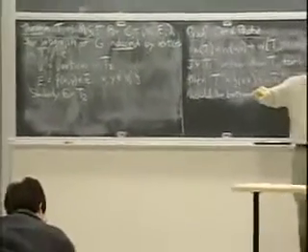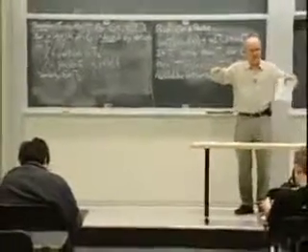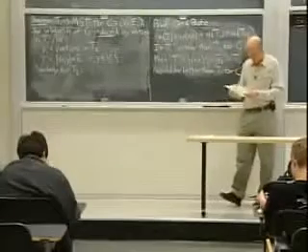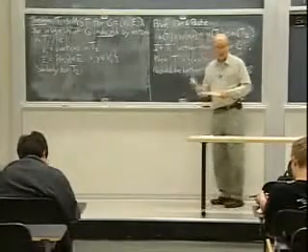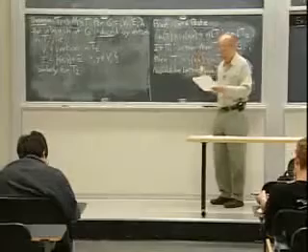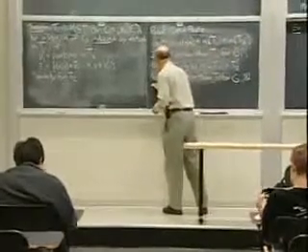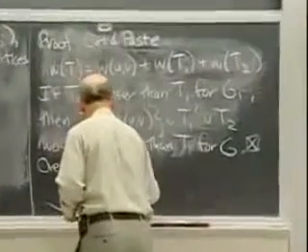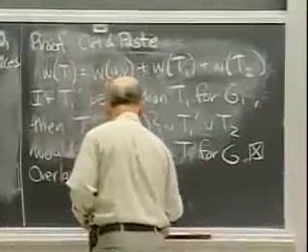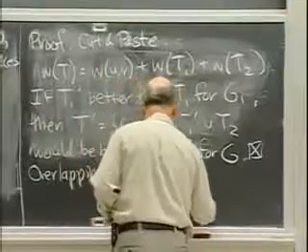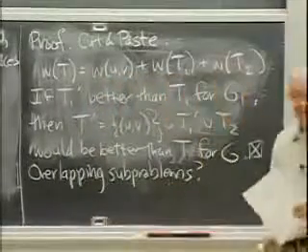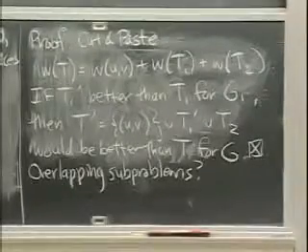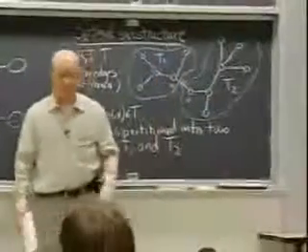If I have a globally optimal solution to the whole problem, within it I can find optimal solutions to subproblems. So now the question is, that's one hallmark of dynamic programming. What about overlapping subproblems? Do I have that property? Do I have overlapping subproblems over here for this type of problem?